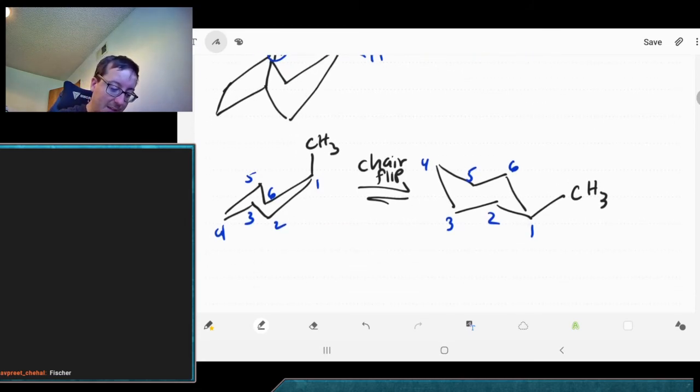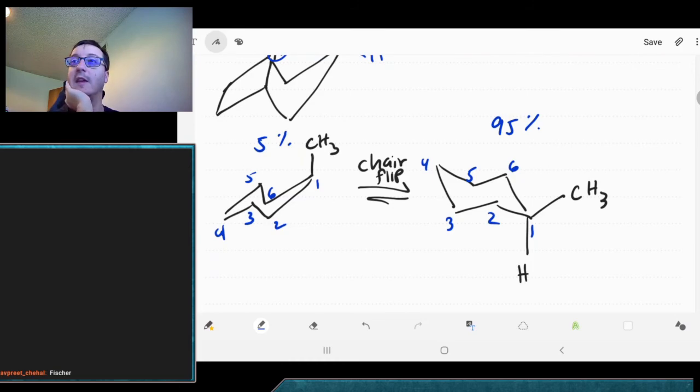In this case, the axial one is pointing down. The equatorial one's pointing up. So on carbon 1, the methyl group is pointing up. We still want our methyl group pointing up on carbon 1. But in this case, pointing up means equatorial. And this time pointing down means axial. We see that perhaps 95% versus 5% are going to favor the equatorial methyl group at a given temperature.